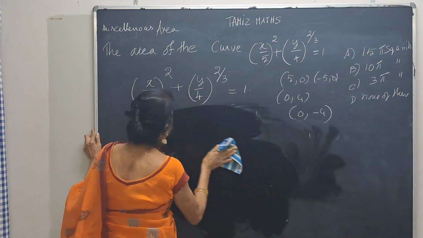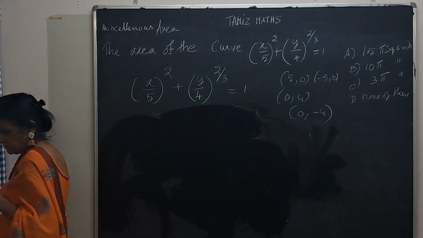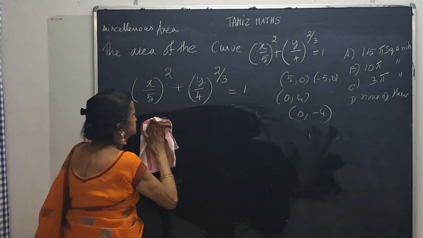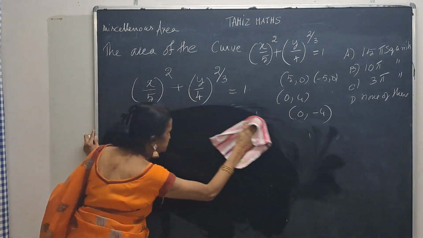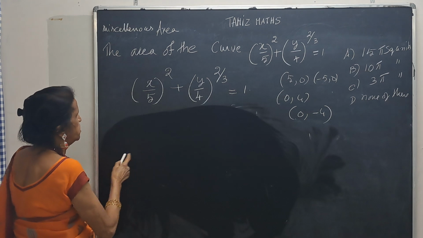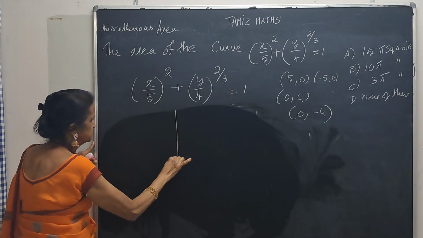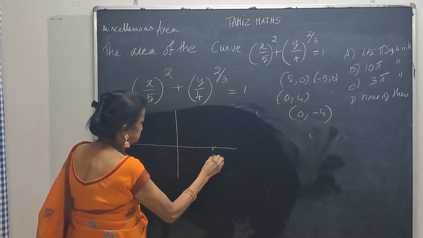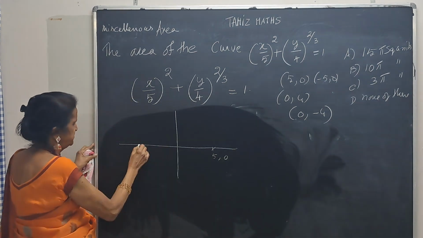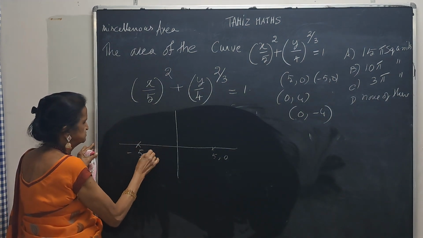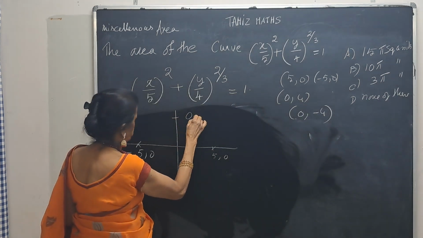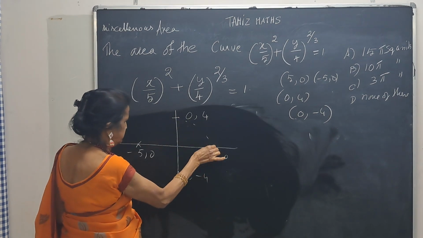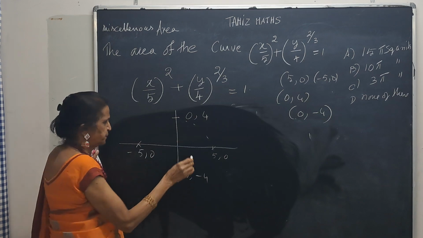Now draw a rough sketch, with the points (5, 0), (-5, 0), (0, 4), (0, -4). It's not an ellipse.